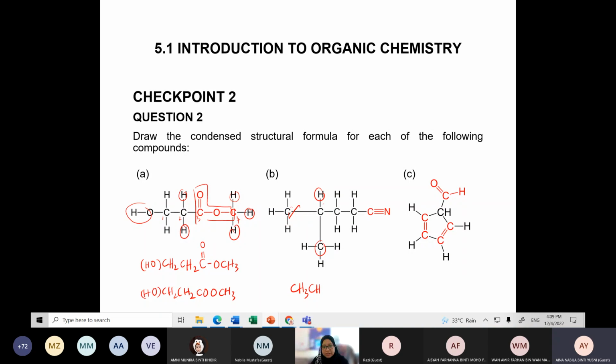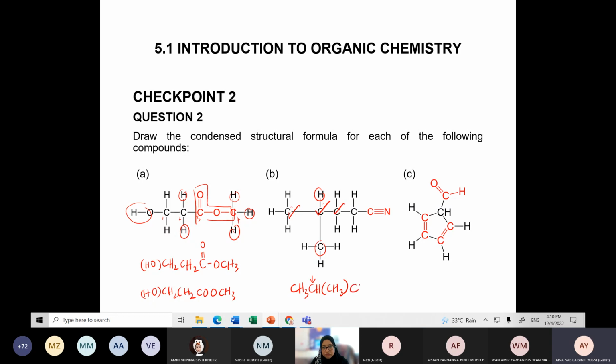How do we differentiate this one from other carbons? Because it has three hydrogens attached to it, we might use the bracket. The carbon in the bracket belongs to this second carbon. You always have to make sure that the carbon has 4 bonds attached to it.